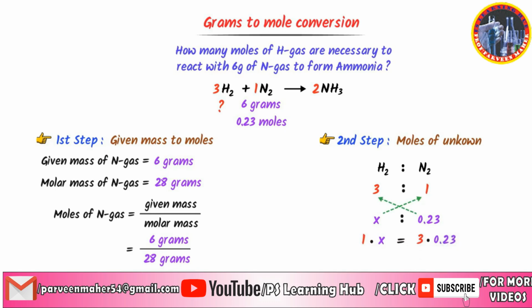After calculation, I get x is equal to 0.69 moles of hydrogen gas. Therefore, 6 grams of nitrogen gas will react with 0.69 moles of hydrogen gas to produce NH3. In such types of problems, I convert the given mass to number of moles, then I convert number of moles to number of moles of the unknown species. Hence, note down this important conversion.